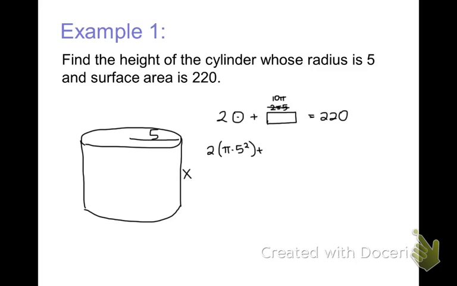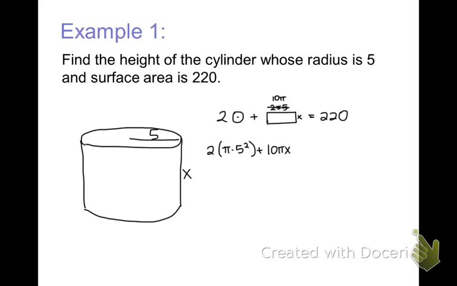And then what's the height of the rectangle? We don't know, so we'll call it X. What is the area of this rectangle if its height is X and its width is 10 pi? 10 pi X. Very good.